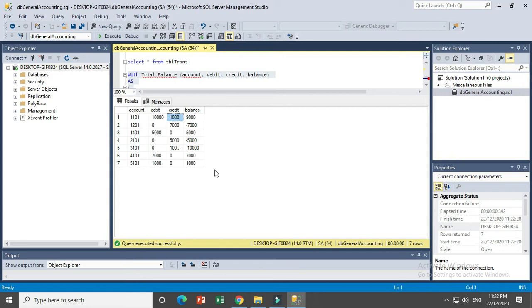And the balance, we need to get that right for SQL purposes. Credit balance should be negative and debit balance should be positive. Now there are reasons for that. I will not discuss that more today.